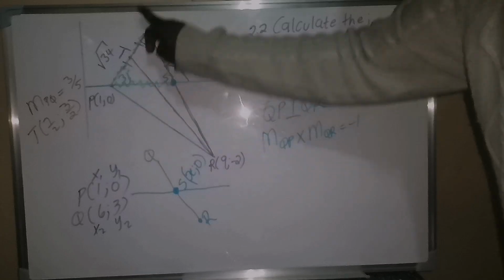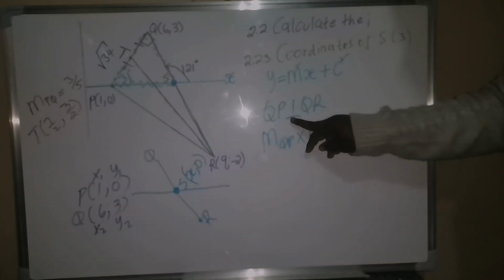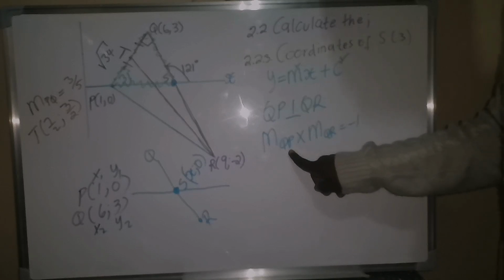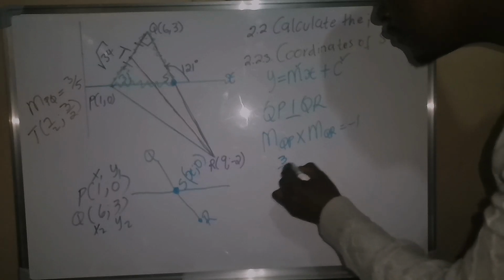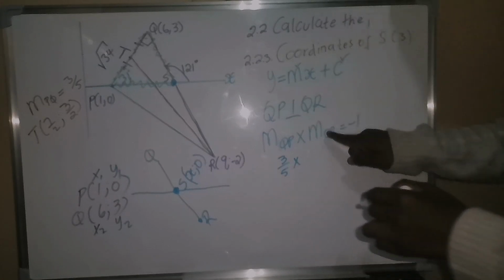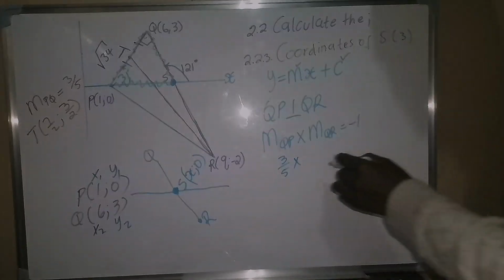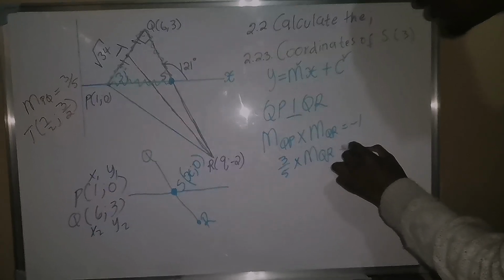When you multiply the gradients of PQ and QR, it gives you -1 because they are perpendicular to one another. What is the gradient of QP? We found it is 3/5, multiplied by the gradient of QR, equal to -1.